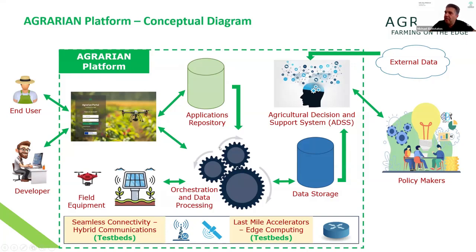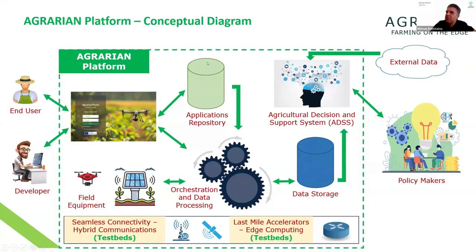The core of our platform is the orchestrator, the last mile accelerators, the edge computing, the hybrid communication systems, and in general the communication and other systems that handle the computational power. These are mainly our testbeds. And there are some other elements like decision systems and data storage, where we store the data in order for the decision system to consume them and assist in decisions.